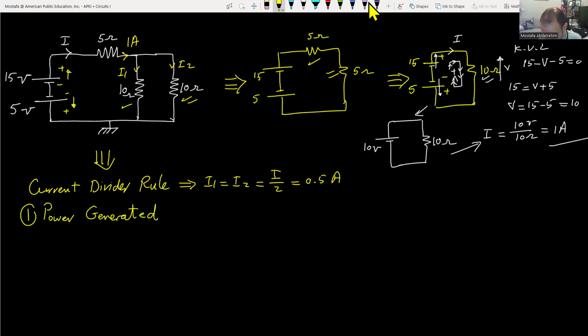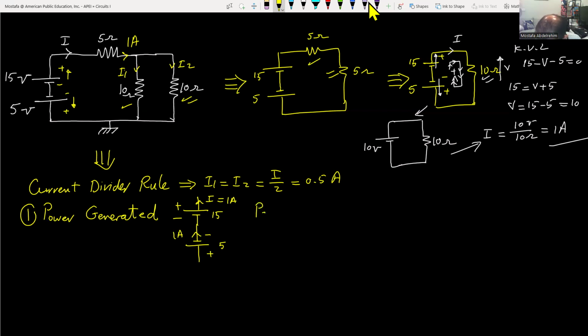So look, guys, we have here the 15-volt battery, positive-negative, and we have here the 1 ampere, I equal to 1 ampere. Then you have another battery, negative-positive, 5, and the current is still going up, 1 ampere. Okay, good.